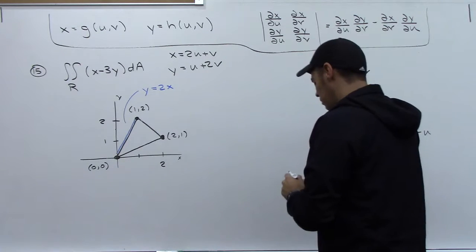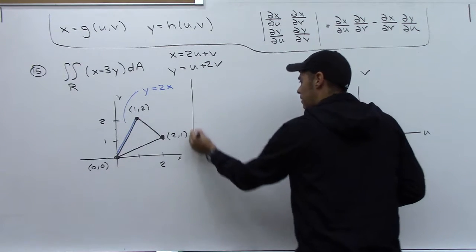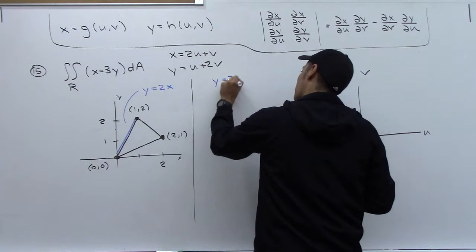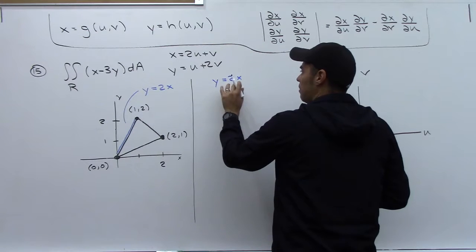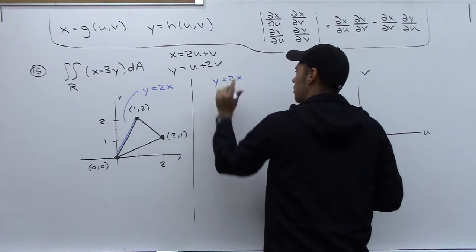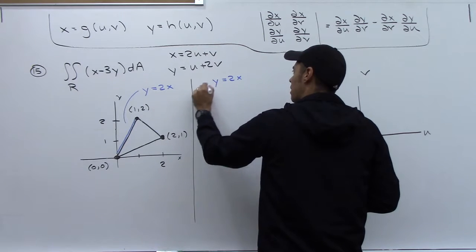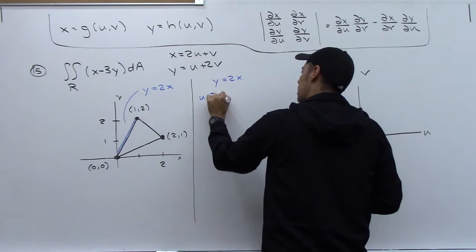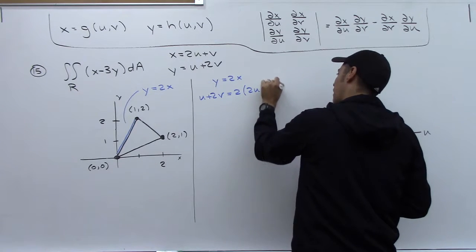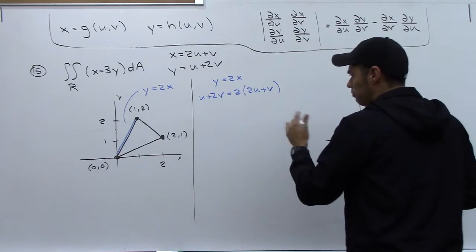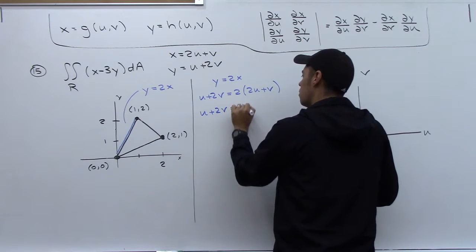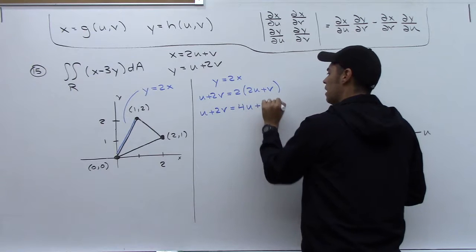So I'm going to take that information, y equals 2x, and rewrite this equation, replacing y with my substitution, replacing x with my substitution. So the left side is y, which is u plus 2v, must be equal to 2 times x. x is 2u plus v. And then I will multiply things out. u plus 2v equals 4u plus 2v.